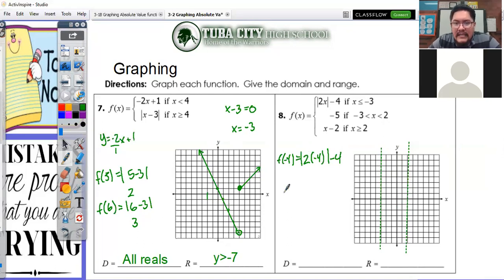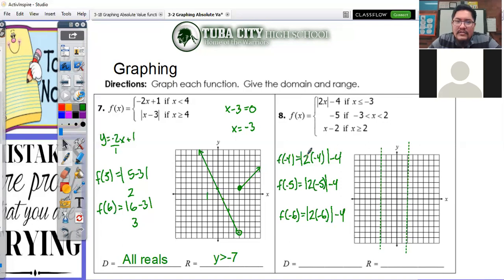And then I'd have to do the same thing with maybe -5. And I really should do one more, like -6. And I think this is the only one that's kind of tough. The rest of these look like they're going to be basic lines, which are going to be a lot easier to work on.